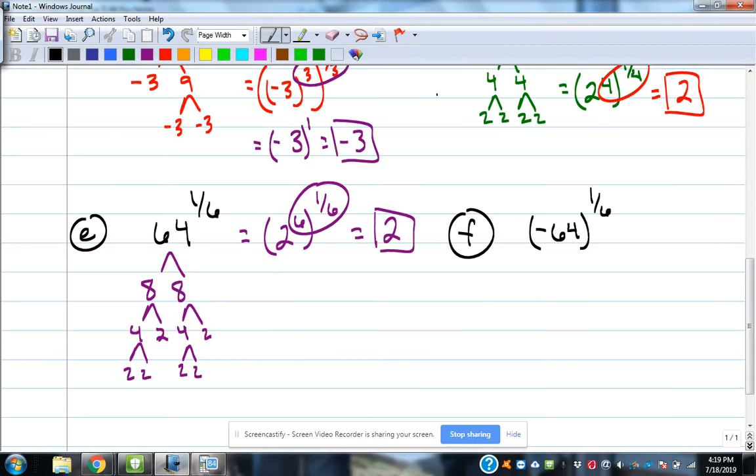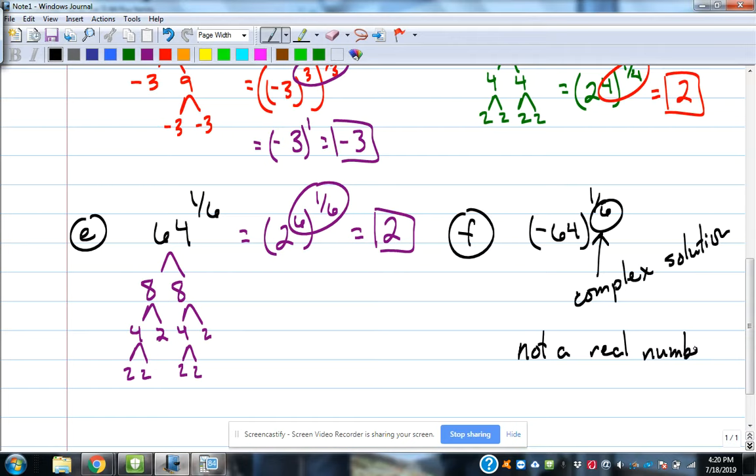Anytime that you're taking a negative number and raising it to a power where the denominator is even, you're going to get a complex solution. And in this particular course, anytime that happens, we're just going to say that this is not a real number. That's what they ask us to do. They say, okay, don't work it out if it turns out to be a complex solution.